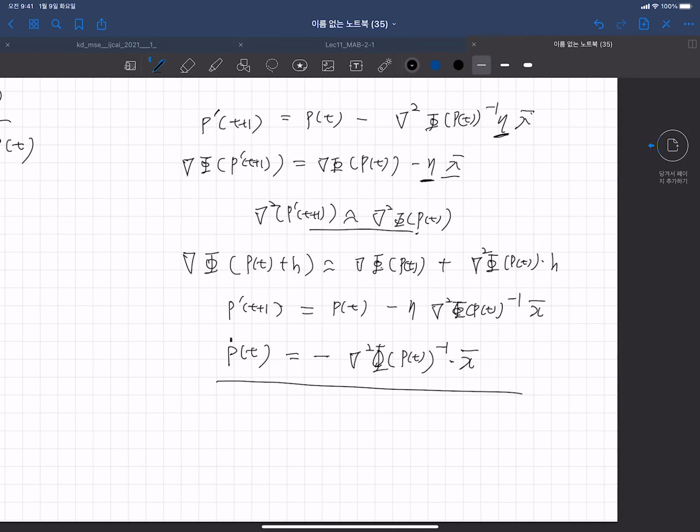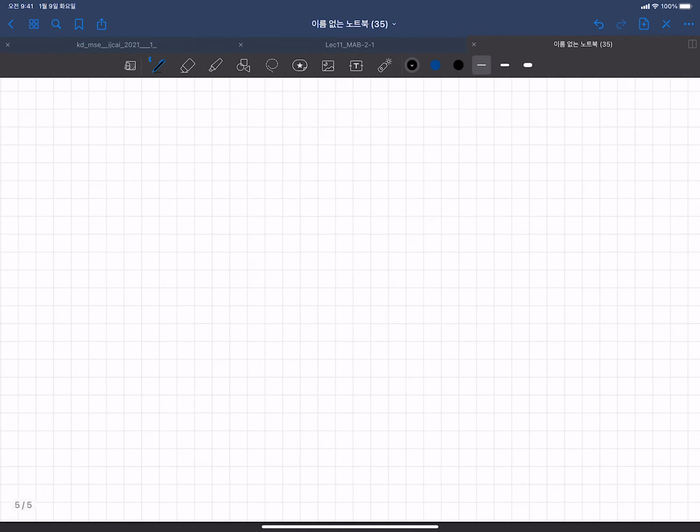So how can we approximate the Bregman divergence between pt and p prime t plus 1? By the way, when eta goes to 0, p prime t plus 1 is almost the same as pt plus 1 because our update is too tiny.